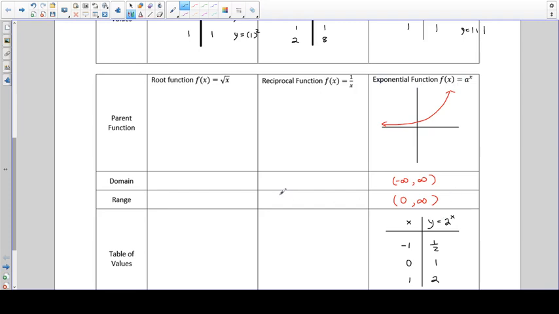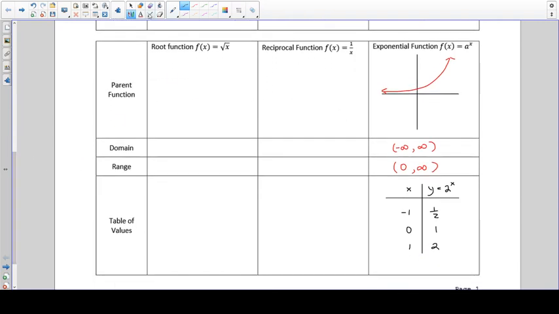All right, so the next thing that we need to do is explore the root function over here. Whenever we ask for a root function, this is what I expect people to draw. Like that. So why is the graph looking like that? It's actually very, very simple to demonstrate. If we square root 0, we get 0.